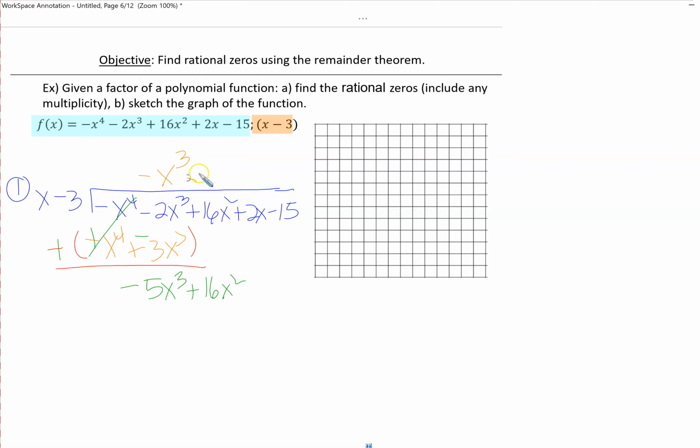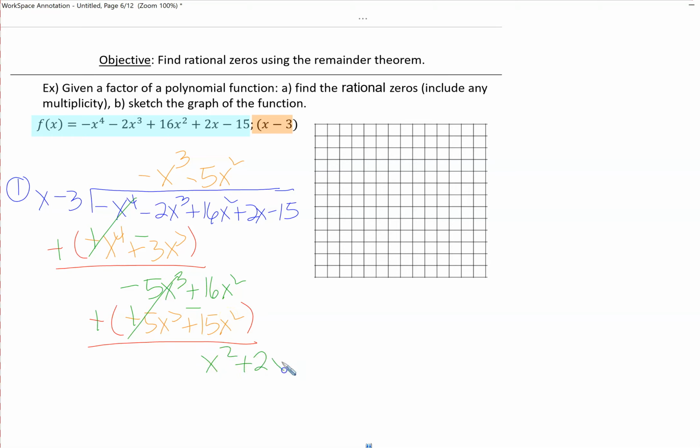X times negative 5x squared is our negative 5x cubed. Distributing gives us also a plus 15x squared. Subtracting, we get positive 5 and negative 15. 5 and negative 5 is 0. 16 plus negative 15 is positive 1. So we get positive 1x squared.